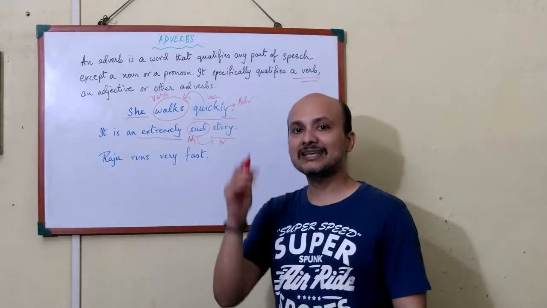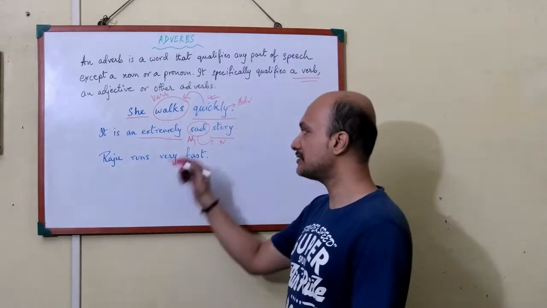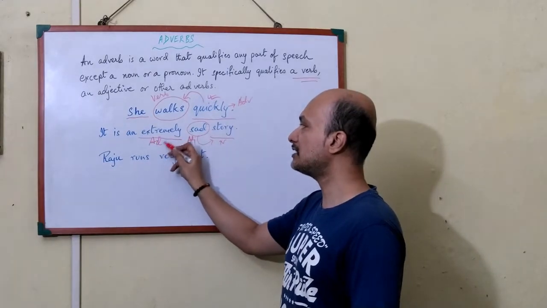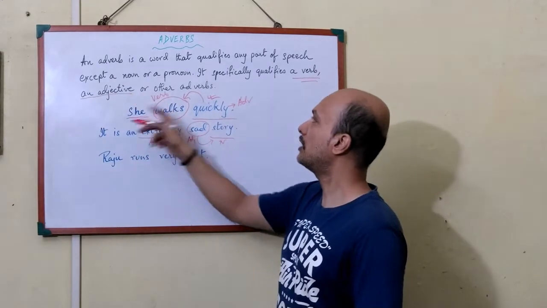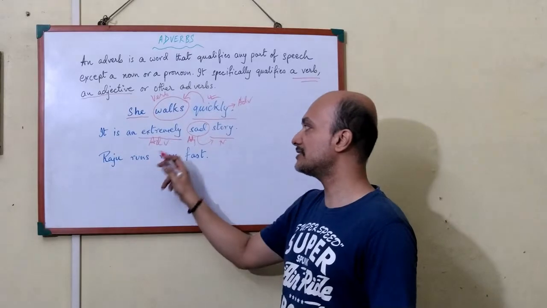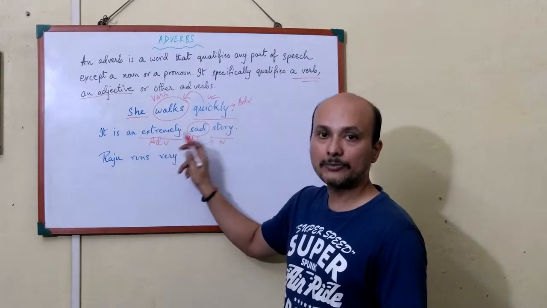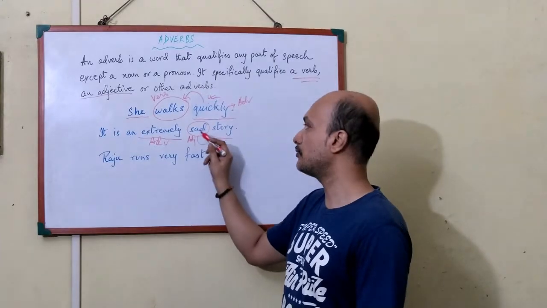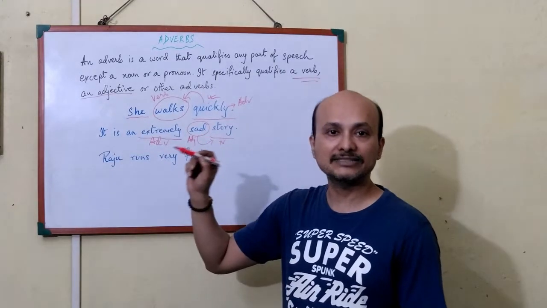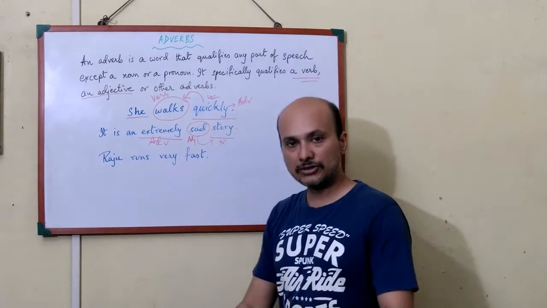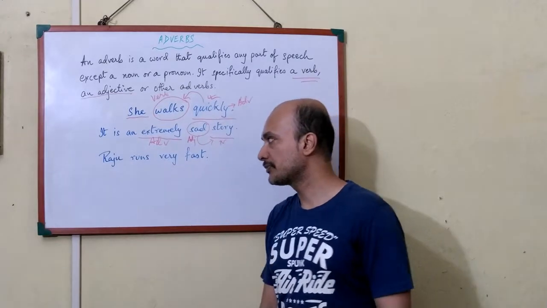And a word which says something about the adjective is, as per the definition, an adverb. So, extremely is an adverb. Why? It qualifies the word sad, which is an adjective. Understood? Now the third example.